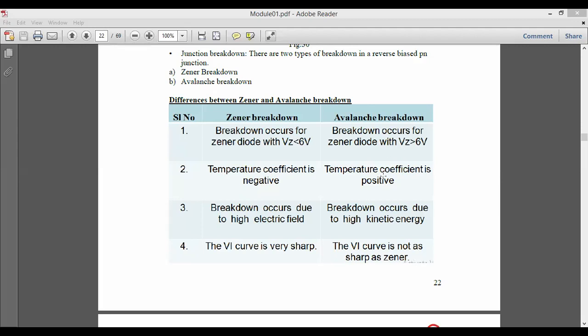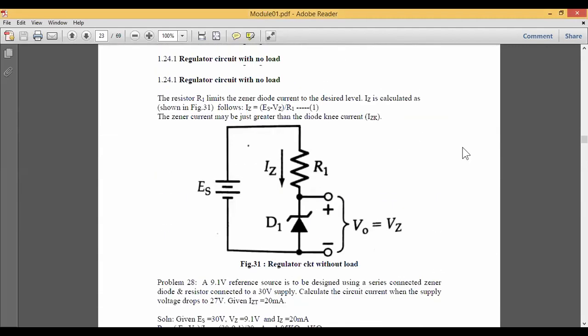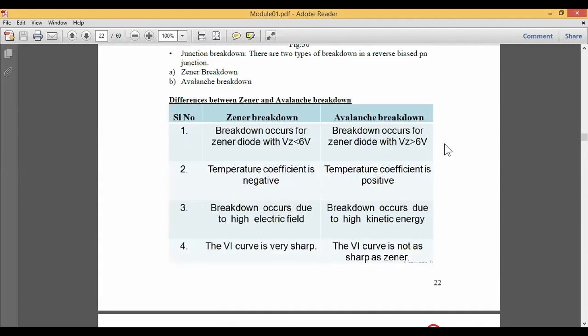So when you look at the characteristics curve of a Zener diode, if the applied Zener voltage is less than 6 volt, we say it is under Zener breakdown, and if it is greater than 6 volt, we say it is under avalanche breakdown. The second difference is that the temperature coefficients are negative in Zener breakdown, and in avalanche they are positive.